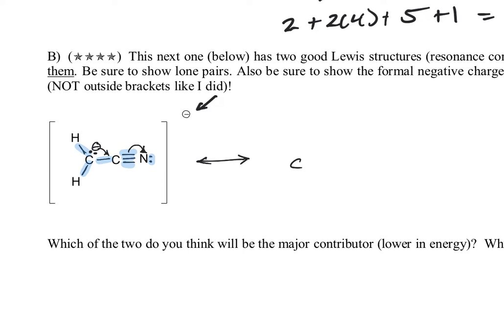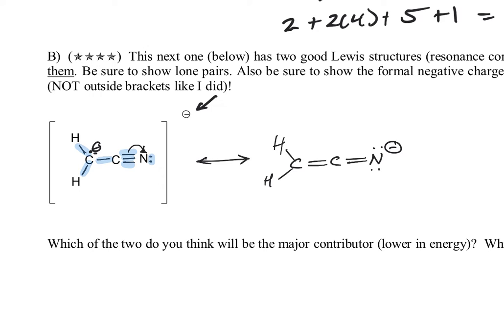So if I draw that, you get that structure there. And so those are 2 good Lewis structures. It's not to say there couldn't be others. I'm not going to go into that. But those 2 at least work.